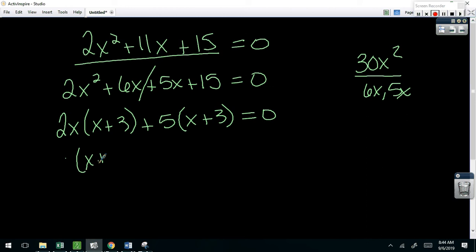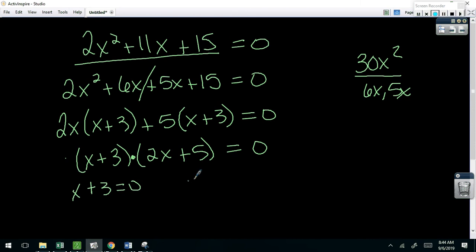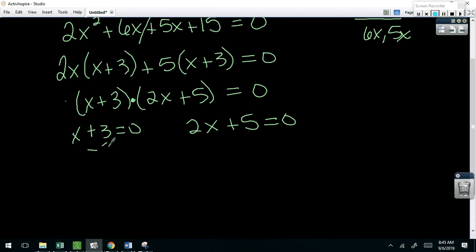I'm going to write it out real quick and then we'll set it, but you're right. That's exactly right. Because I have x plus 3 is one thing, times 2x plus 5 is another, and they both equal 0, which means one of them or both of them must be 0. Good job. So these are easy solves, 1 and 2 step equations.